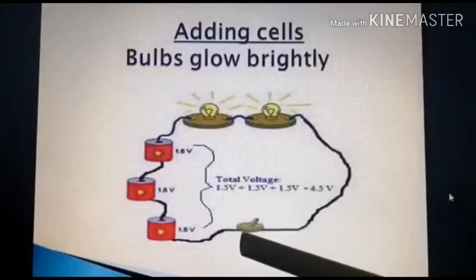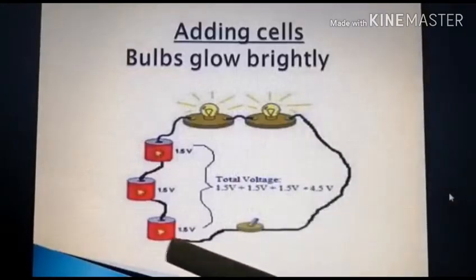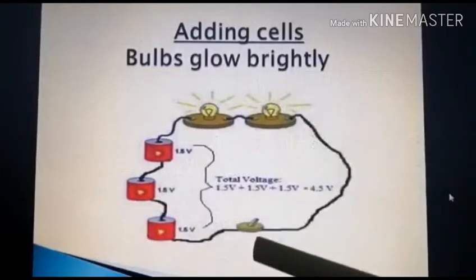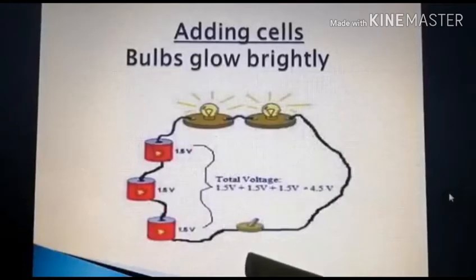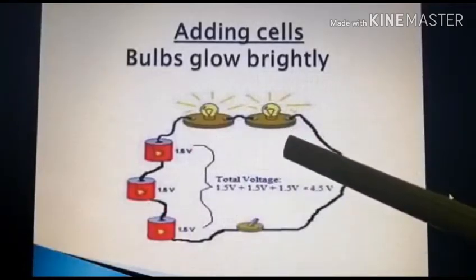Now look at this picture. Here I am adding 1 cell. Actually, here you can see 3 cells, 2 bulbs and 1 switch. So what do you think? What about the brightness of these bulbs? The bulbs glow very brightly. Why?